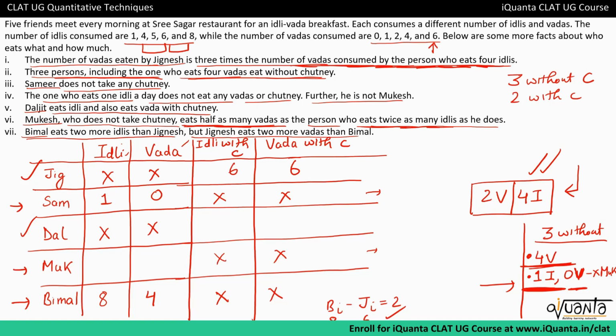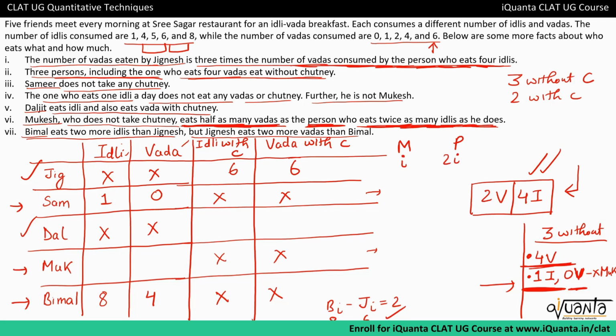Now only Daljit and Mukesh are remaining. If we go to the clues for Mukesh, we were given that he eats half as many vadas as the person who eats twice as many idlis as he does. So we have Mukesh M and a person P. If I assume that Mukesh is eating I idlis, that person is consuming 2I idlis.